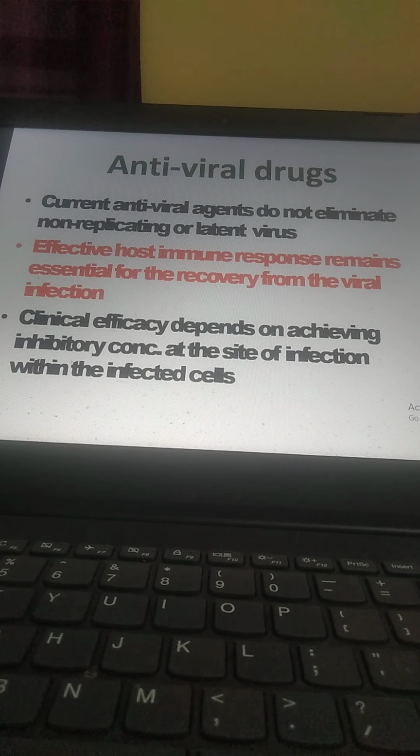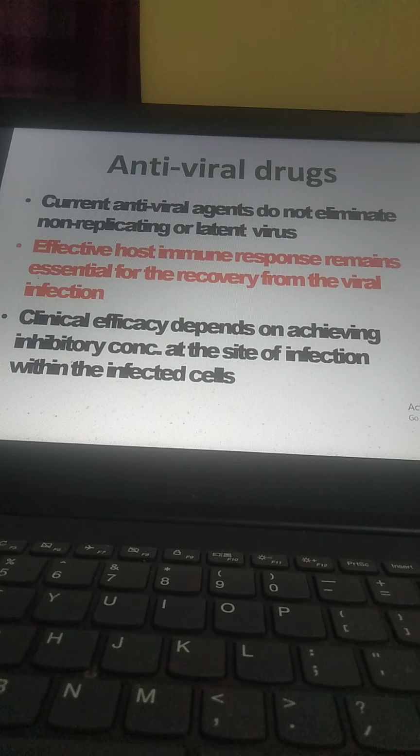Current antiviral agents do not eliminate non-replicating or latent virus. So effective host immune response remains essential for recovery from the viral infection.